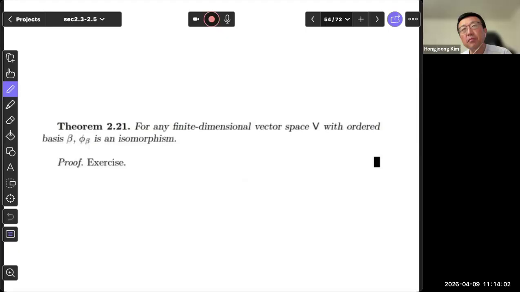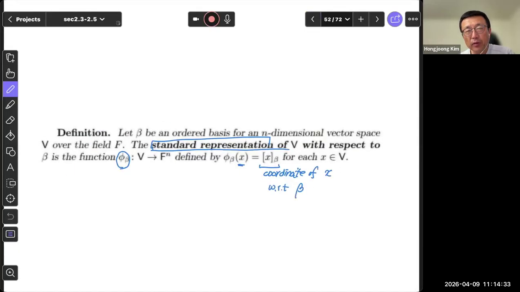Then, for any finite dimensional vector space V with an ordered basis, this mapping is linear, one-to-one and onto, so it is an isomorphism. Let me go back to this definition.